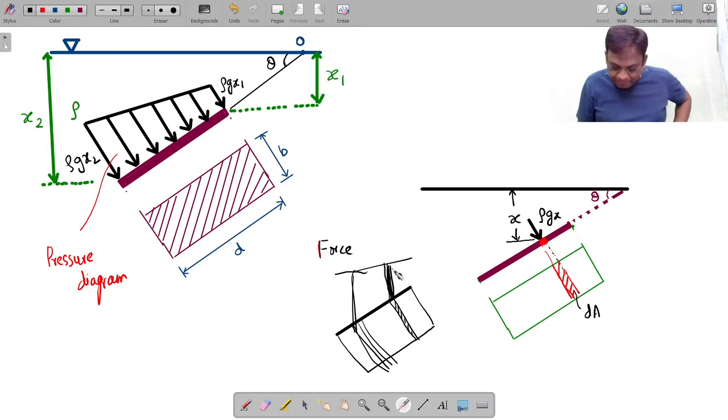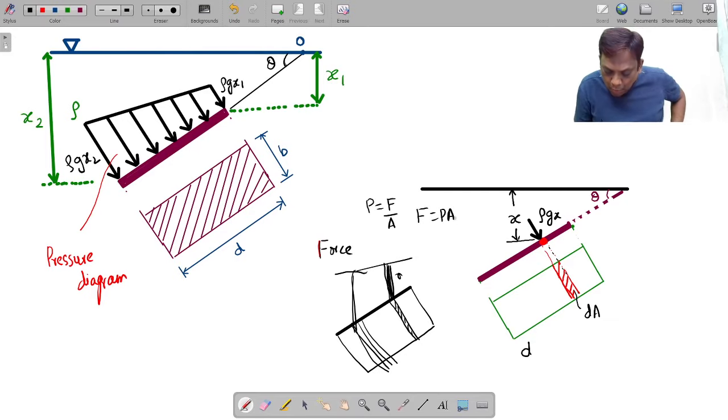So I assume pressure to be uniform. If pressure is uniform in the small area, what will be the force? We know that pressure is equal to normal force by area, or force is equal to pressure into area. As I have taken a small area, I will write small force.